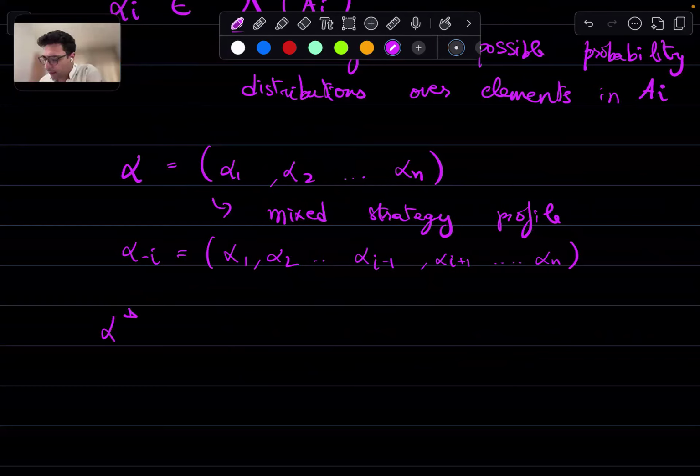And alpha star is a profile of mixed strategies.